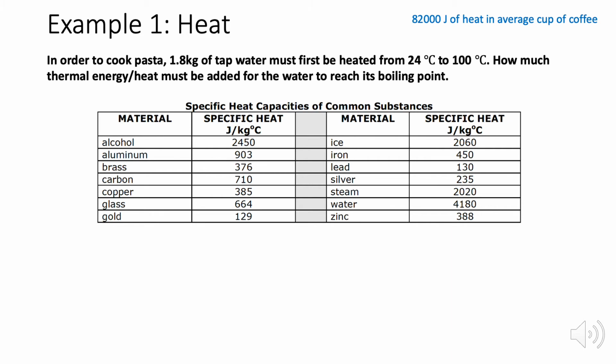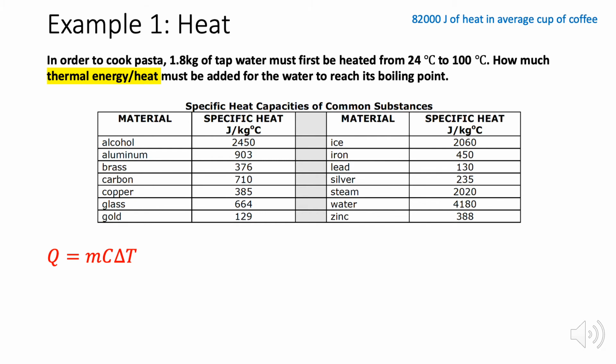There are a few things I want you to notice in this question. It asks for heat. Anytime a question asks for heat, you know you're looking for Q. It tells us how much water we have, and it tells us the change in temperature. So for this question, we're going to use Q equals MCΔT, and we need to know the mass, the specific heat, and the change in temperature.